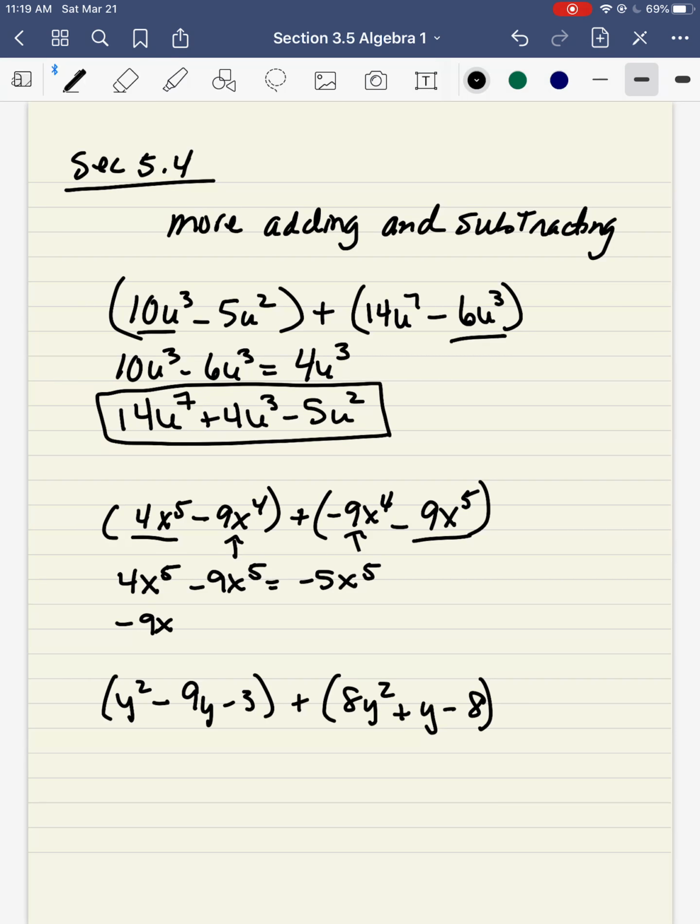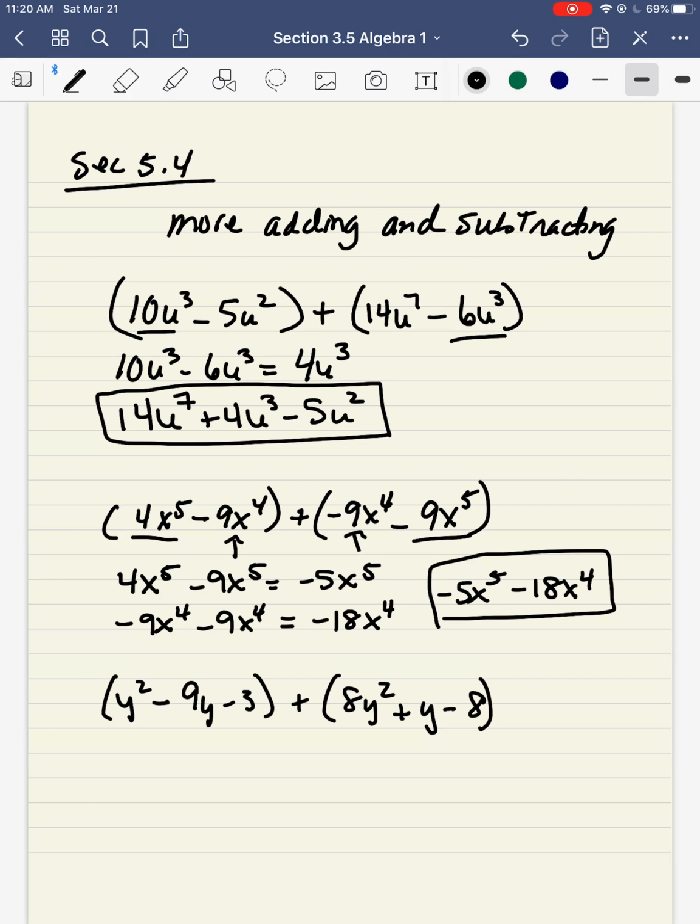And on my x to the fourths, I have minus 9x^4 plus a negative 9x^4, which is still minus. So minus 9 and minus 9 is minus 18x^4. Writing it in the correct order with the highest exponent first would be minus 5x^5 minus 18x^4.